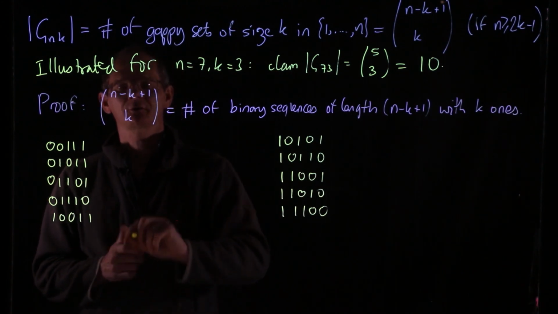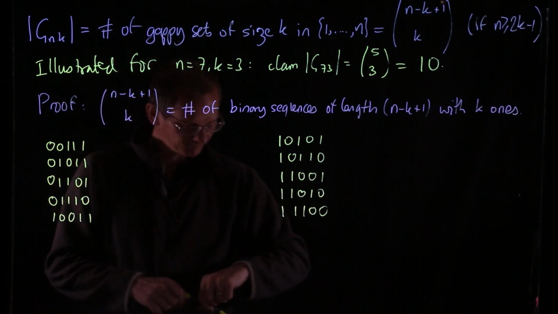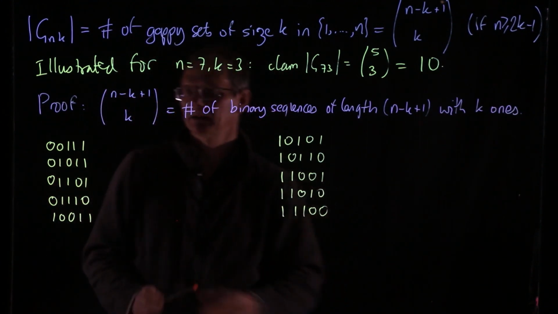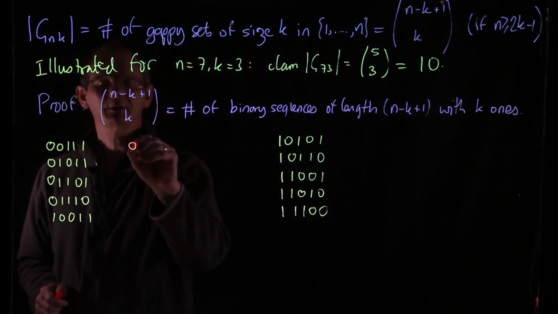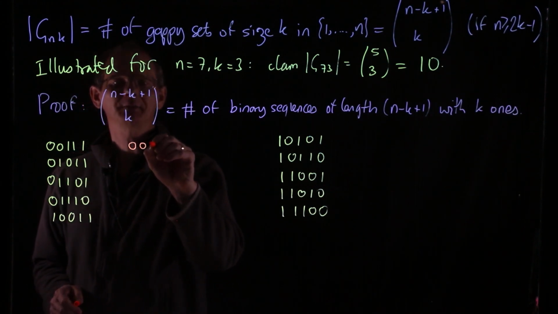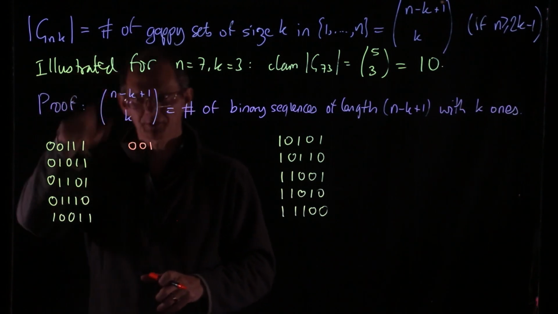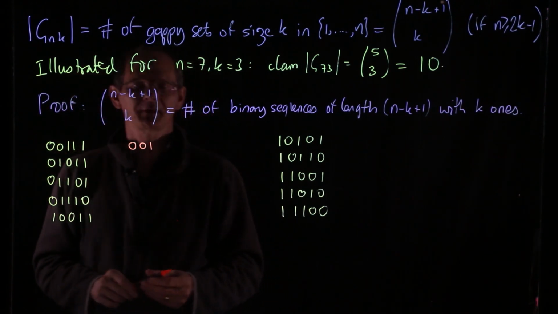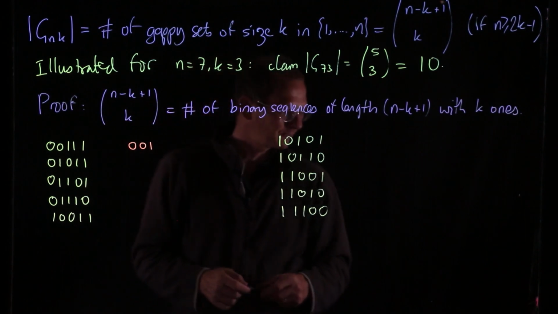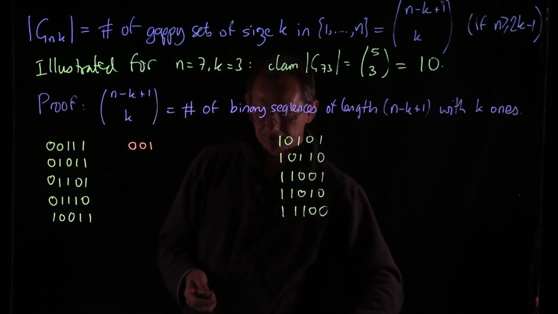We start copying the sequence, in orange maybe. We copy the 0 and the 0 and then the 1. We don't need to insert anything to leave this first one on its own, but to make sure we have gaps for the remaining two ones, we need to do some insertion.